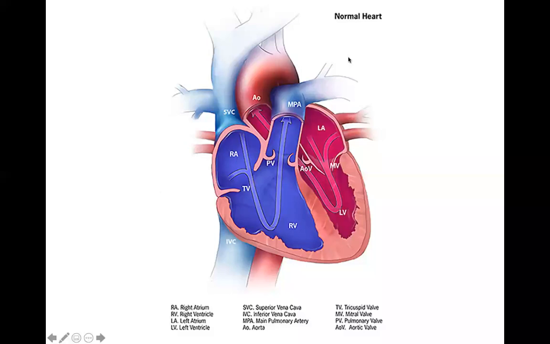So right atrium, okay, and it passes through the tricuspid valve. So it separates the right atrium from the right ventricle. So blood from the right atrium will go to your right ventricle, after which it will go to the main pulmonary artery or the main pulmonary trunk, which will divide further into your right and your left pulmonary arteries.